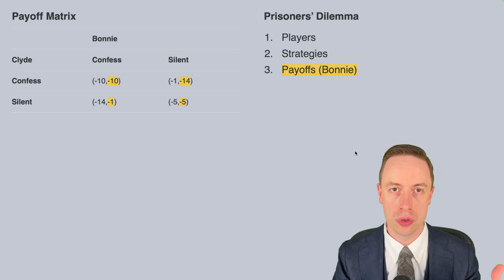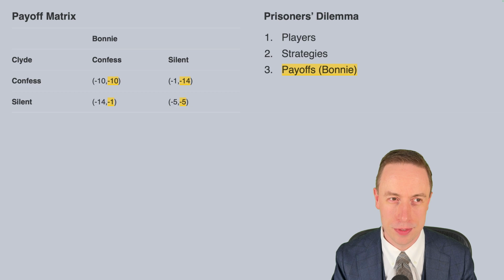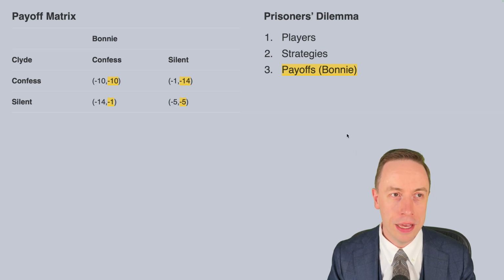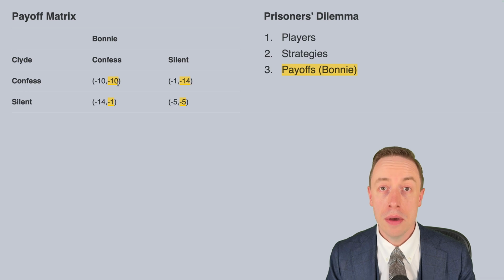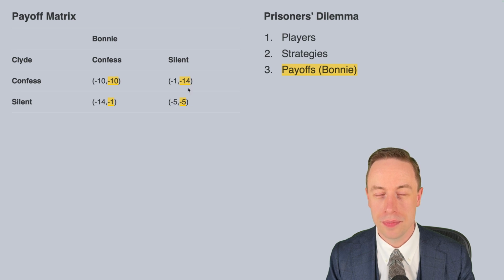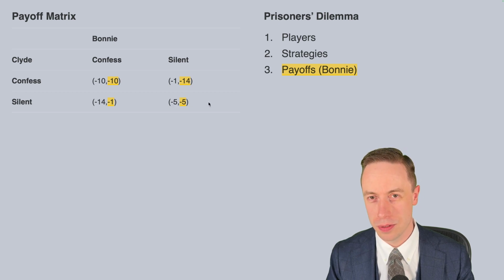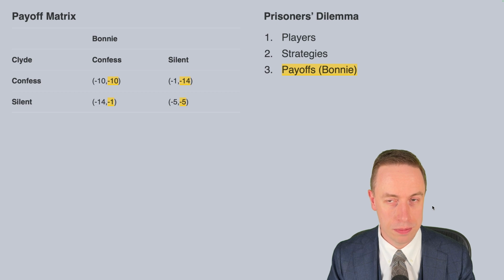Thus, a strategic situation, right? So for example, if Bonnie confesses and Clyde also confesses, Bonnie gets 10 years. But if Bonnie remains silent while Clyde confesses, that's going to send her to prison for 14 years.